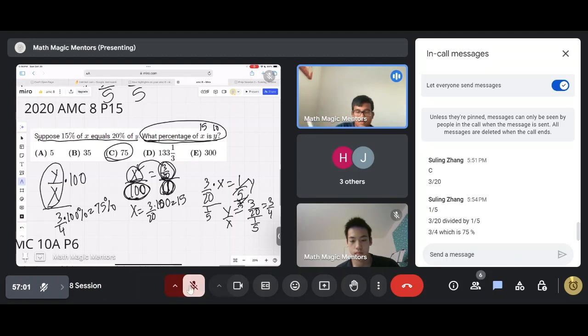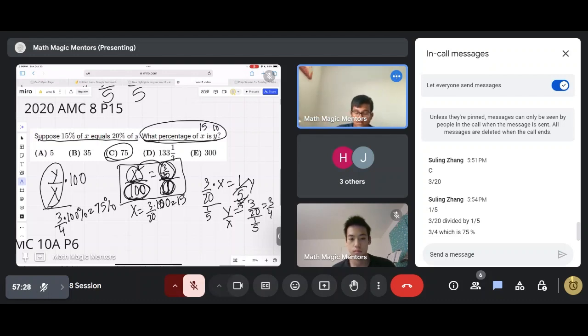So percents are always a ratio. Since ratios are always over 1, a percent is that ratio, but then over 100. So when you're thinking of percents, always think about this relationship. It's like x over 100, so that ratio over 1 is equal to whatever that ratio will be out of 100.